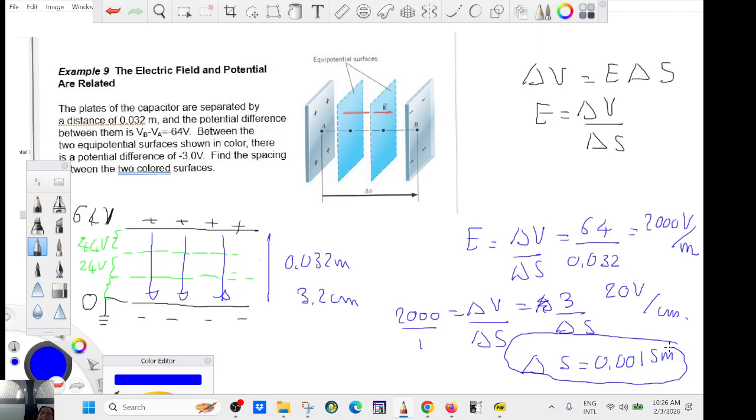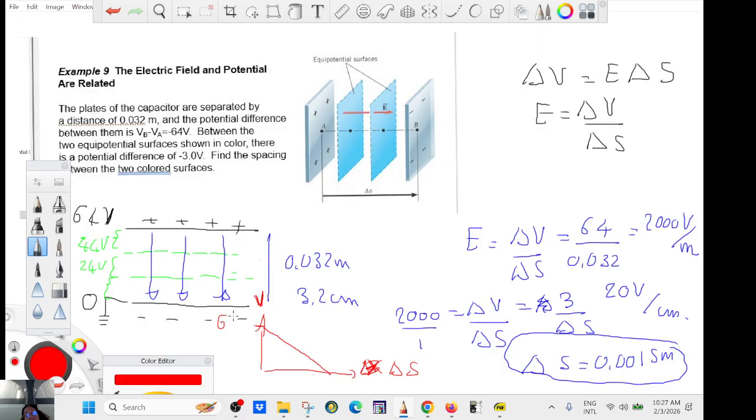So what's the meaning? The meaning is that the electric field is a slope. It's going to be important for the next test, not tomorrow or after tomorrow. As a function of distance delta S, the voltage is decreasing at a constant rate.